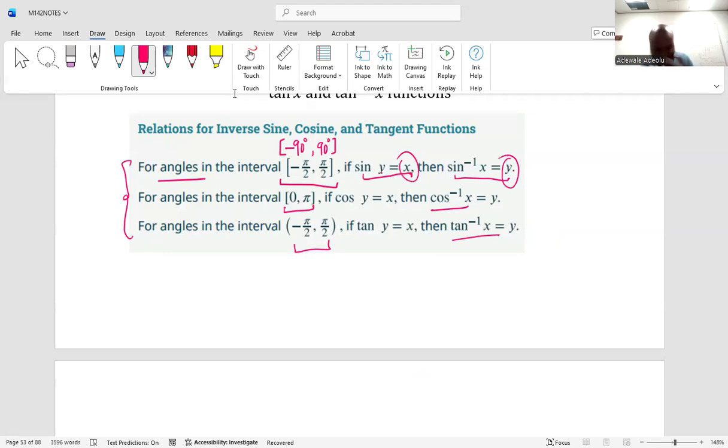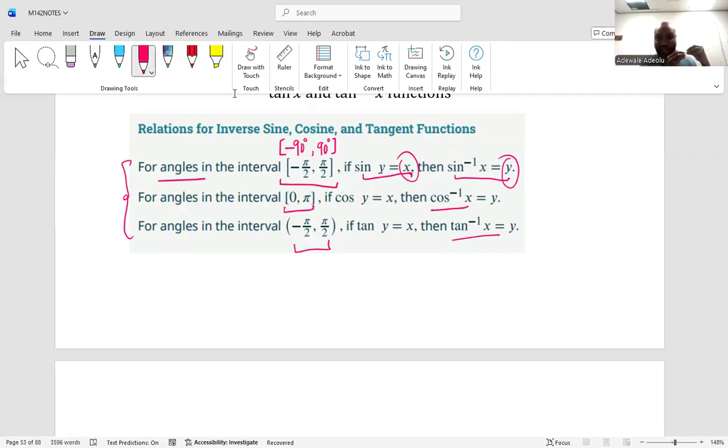Then maybe you are thinking, so what happens to other angles? Keep that for now. We devise a means to talk about it. But for now, let me summarize what we've done. Number one, we realize that we cannot talk about the inverses of trig functions on their entire domain. So we restrict the domain.